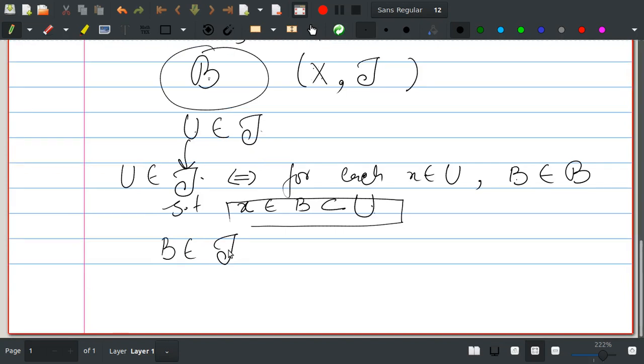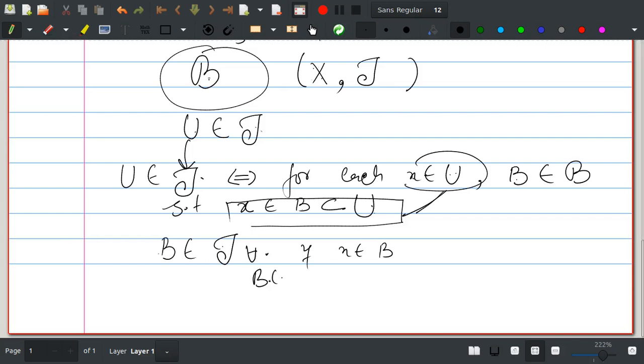The reason is that, recall from this definition here, U is said to be an element of tau if for any element x in U this expression is satisfied, i.e., if we are able to find a basic element B for which this expression is true. Now we want to show that this B is in tau for all B in this script B.